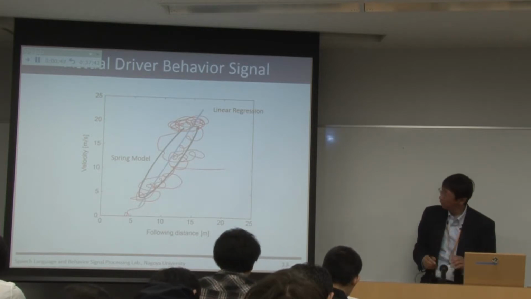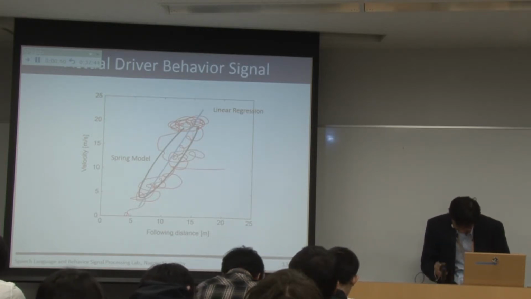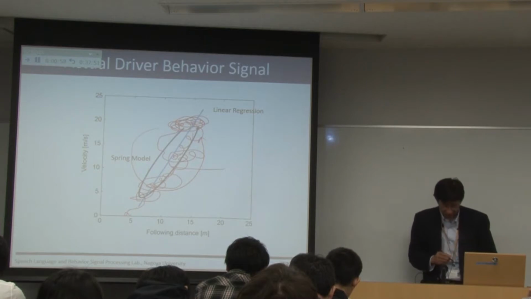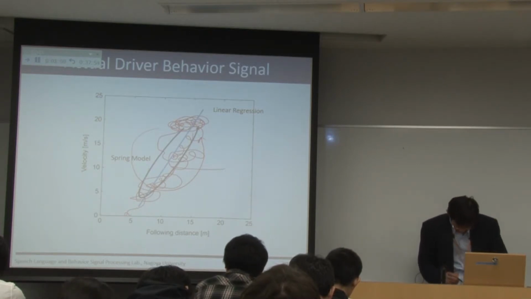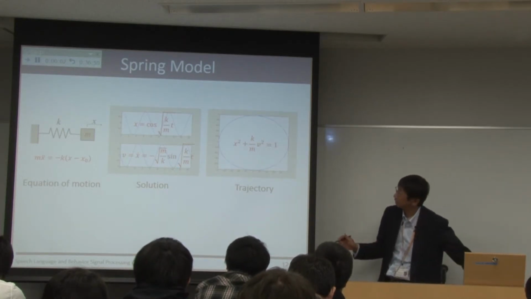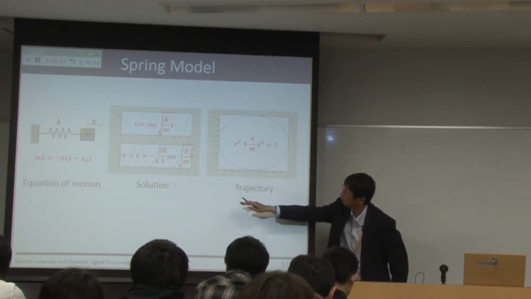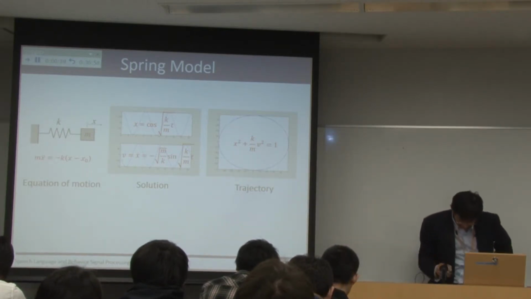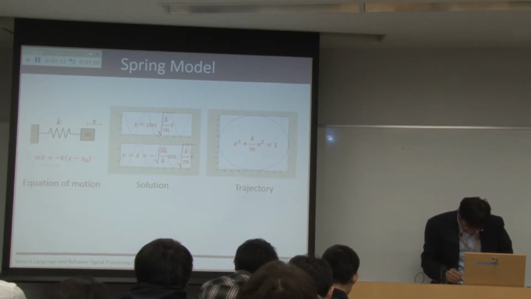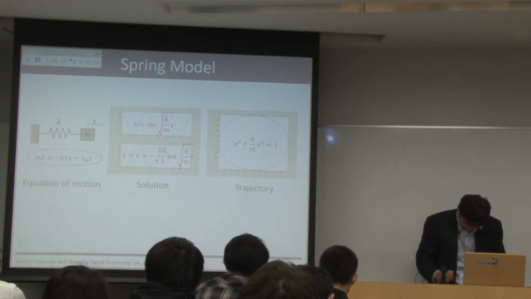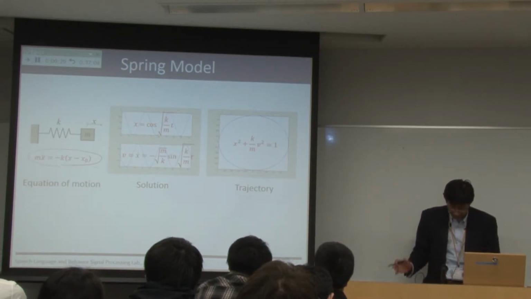Actually, sorry, I need to go back to my previous slide and talk a little more about the spring oscillation problem. If this is a spring and obeys this equation of motion, then the solution becomes like this, a sinusoidal signal.